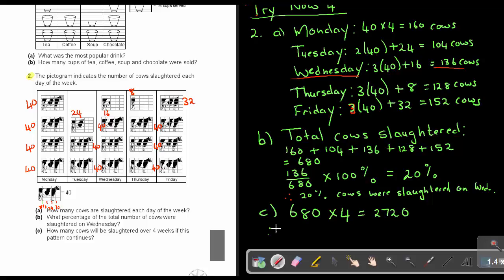So therefore, 2720 cows slaughtered in 4 weeks. Let me just correct that. And that's my final answer.